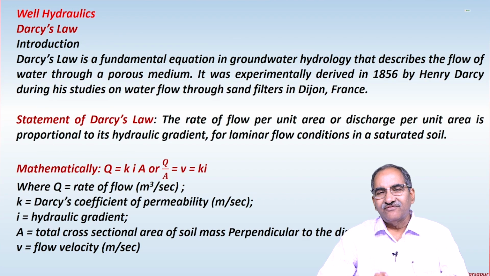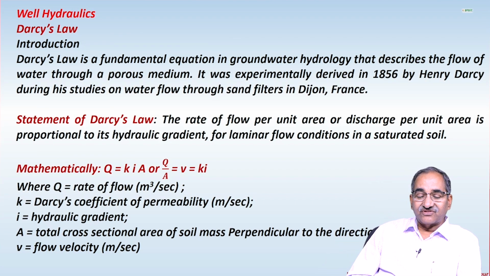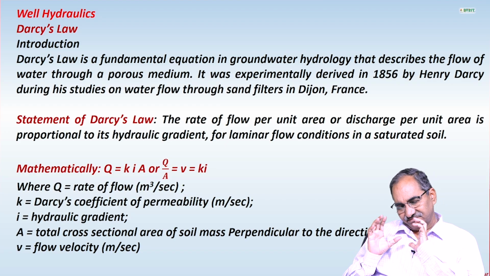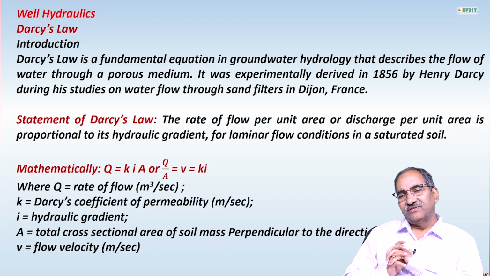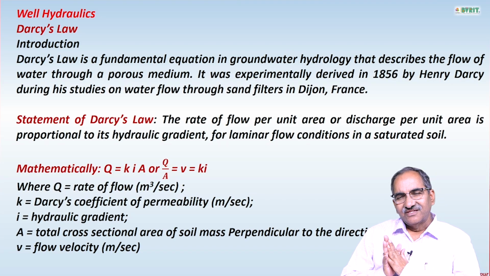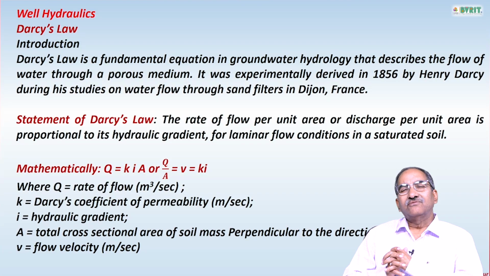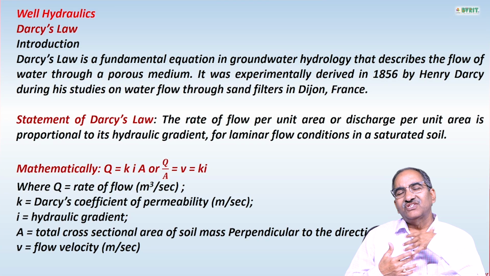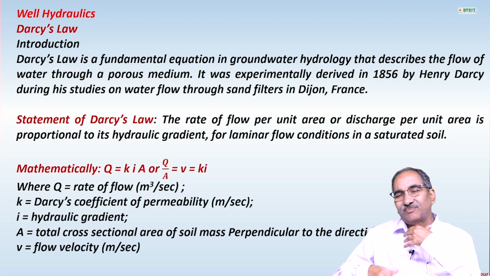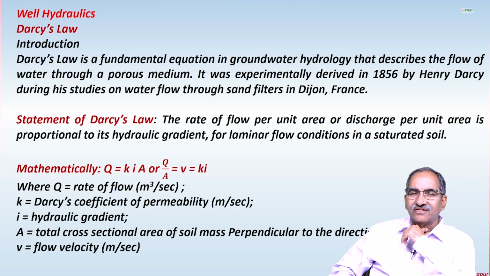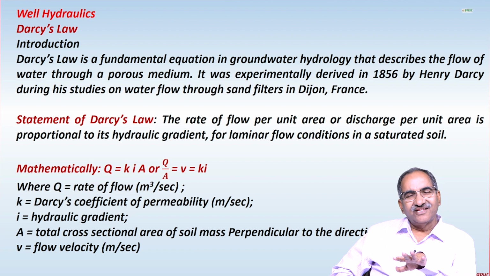Darcy's law says that the discharge per unit area is proportional to the hydraulic gradient. That means Q by A, which is also called the velocity, is proportional to the hydraulic gradient I. So Q is proportional to IA, or Q is equal to KIA, is the Darcy's law.